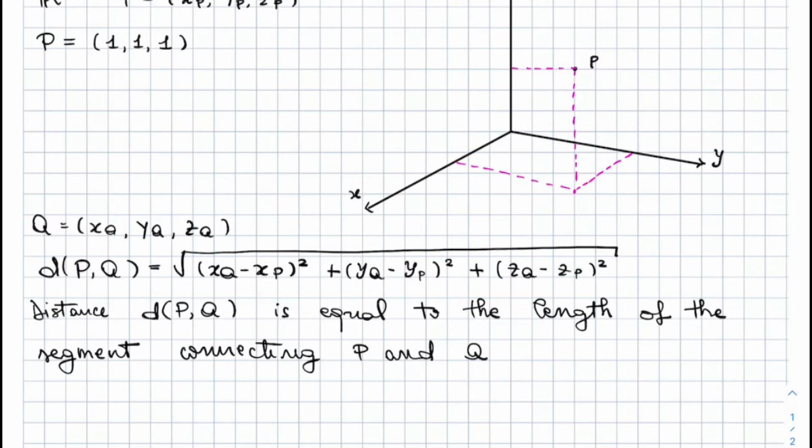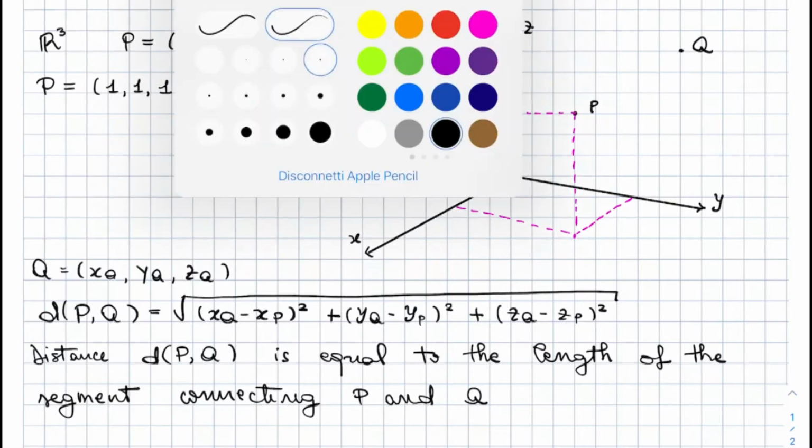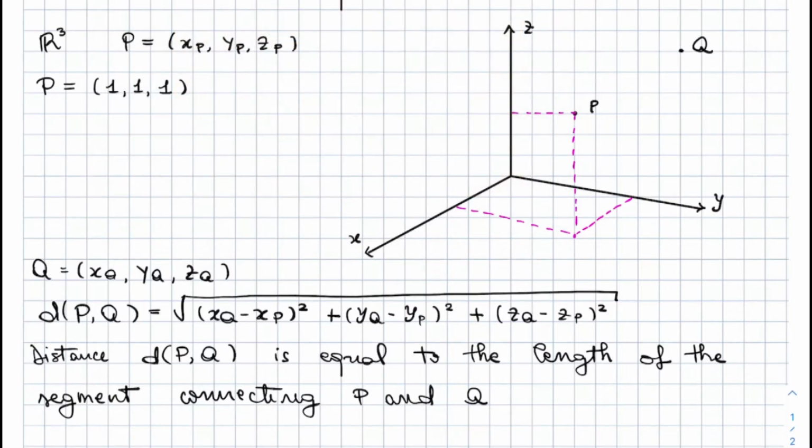So if I drew the point Q here, then I would have to draw the segment connecting P with Q, and the distance between P and Q would exactly be the length of this segment here.